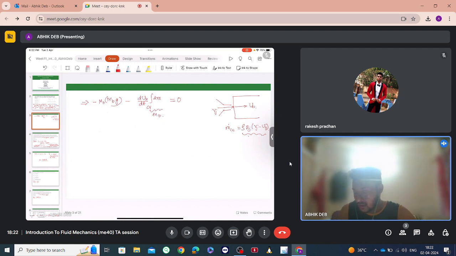And then we have to write the velocity of the jet relative to the control volume. So this is the mass entering into the control volume, and ur gives us the velocity relative to the control volume.